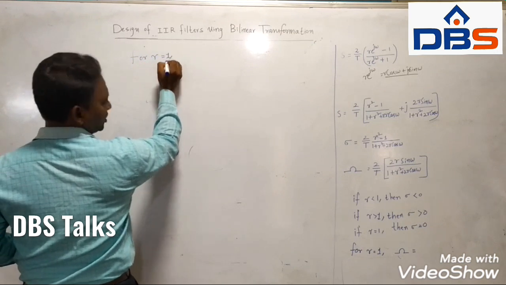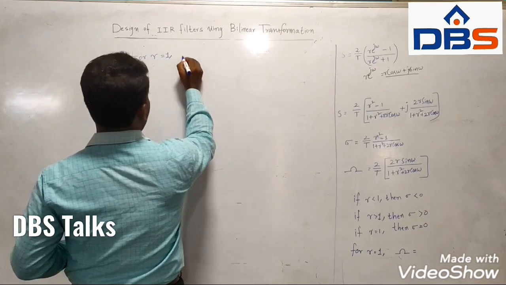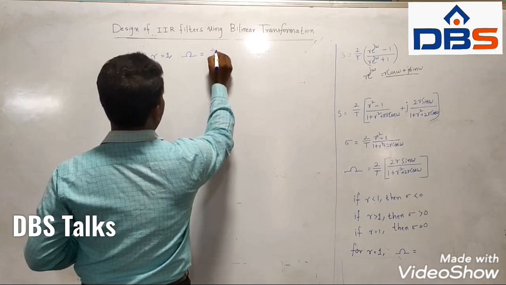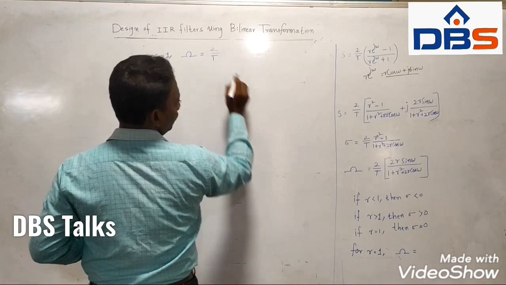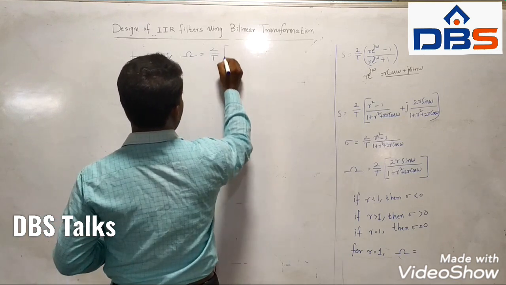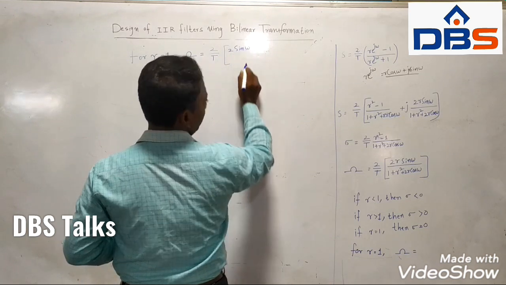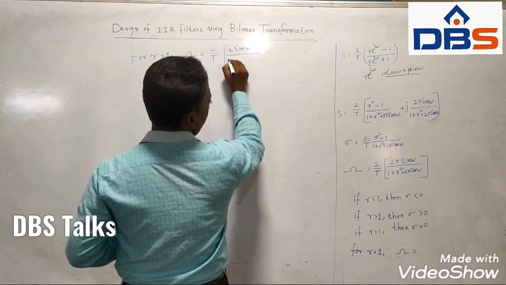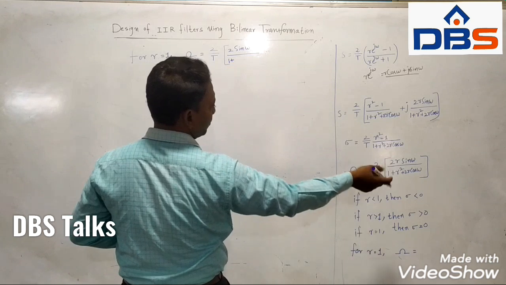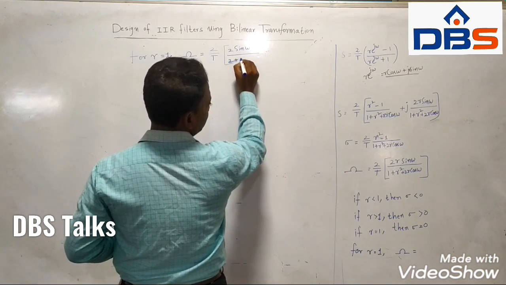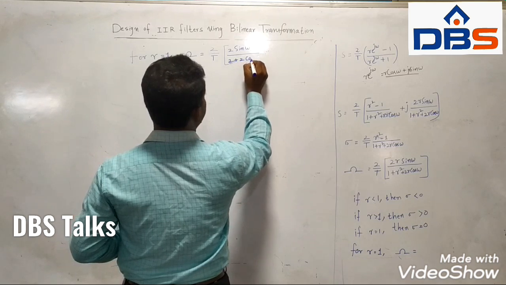For r is equal to 1, this imaginary part omega is equal to 2 by T, 2 sin omega divided by 1 plus 1, since r square is 1, so 1 plus 1 is 2, plus 2 cos omega.